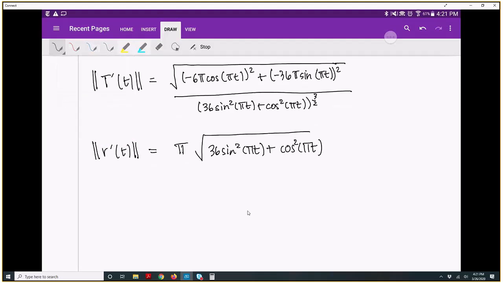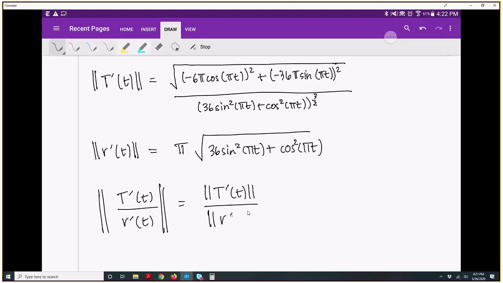Then T prime of t over R prime of t's magnitude, which of course is just the magnitude of T prime of t over the magnitude of R prime of t.